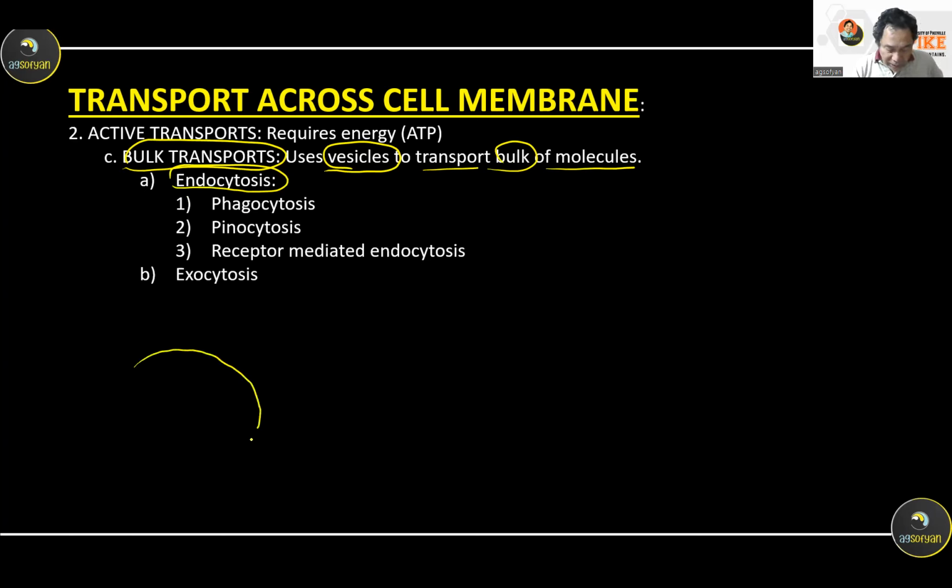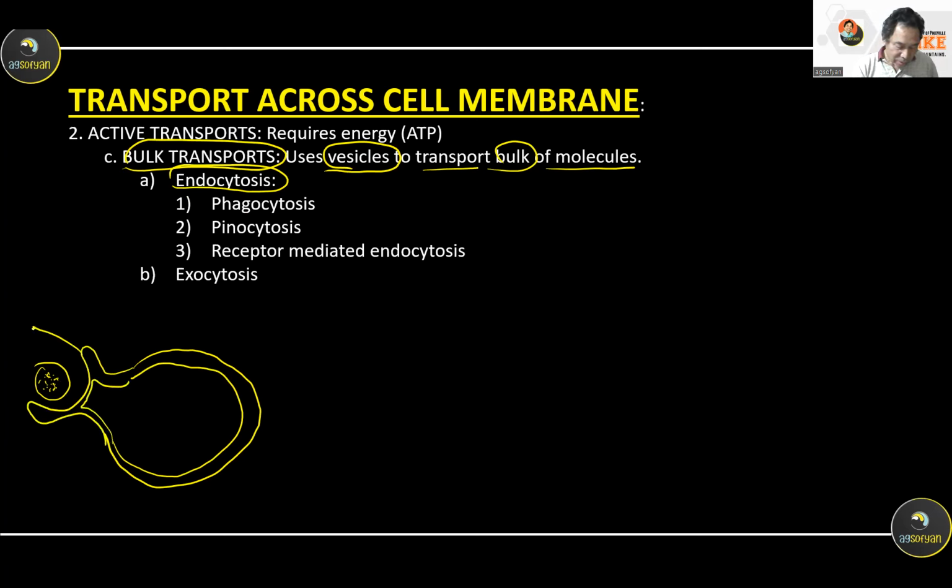So let's say this is a cell, and there is a molecule carried by a vesicle. This cell is able to create a mouth structure, just like a mouth, to eat this.